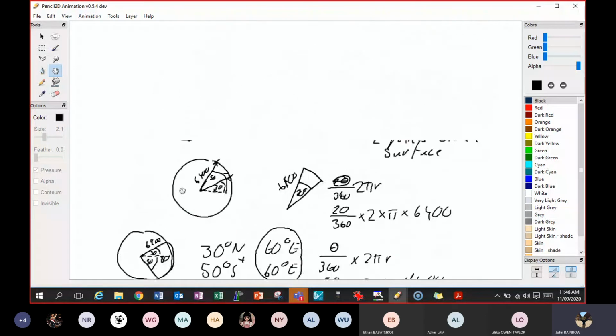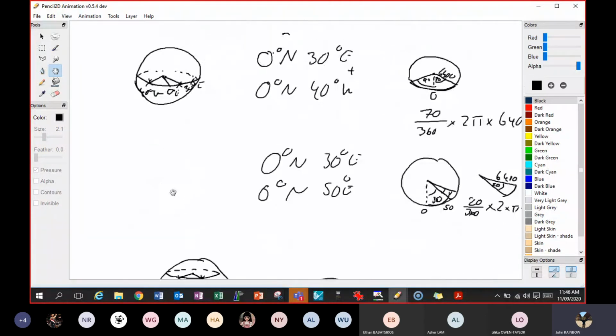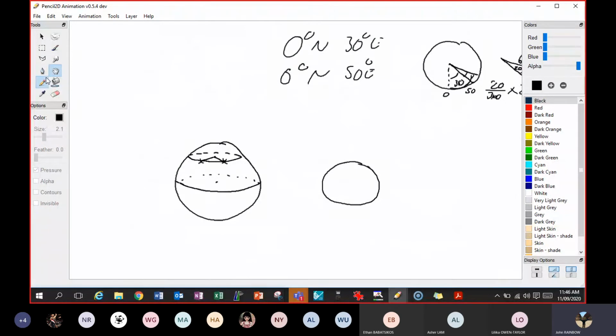We're going 50 degrees north. Let's go 50. So you've gone up. So we've got 2 points. This point here is 50 degrees north, 30 degrees east. And this one here is 50 degrees north. And let's go with 40 degrees west.